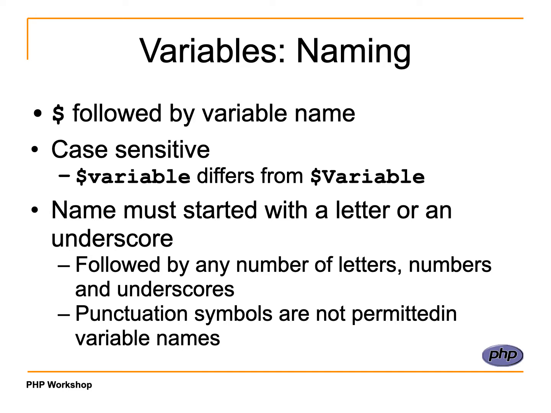The next thing is variables. How is a variable named? In PHP, every variable name must start with a dollar symbol, followed by the variable name, and it is case sensitive.